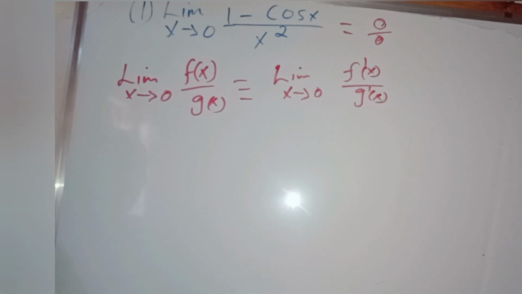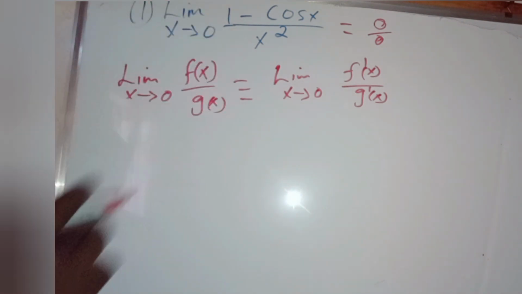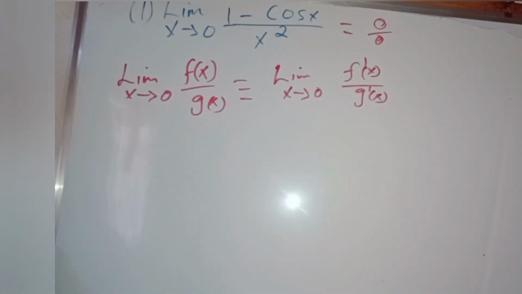Note that we are not using the quotient rule. You find the numerator separately and the denominator separately. So your limit is non-determinate, and you make it determinate by differentiating the numerator and the denominator separately.